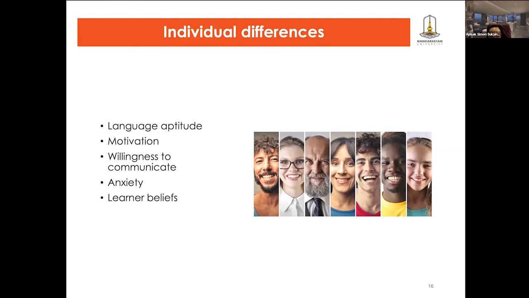So to that end, it is important for teachers to be aware that teaching favored by learners may not be the most effective, or this favored teaching may have a positive impact on L2 learning. It is also clear that there are some individual differences that affect L2 learners in the classroom. And second language acquisition researchers have spent a lot of effort to theorize this concept.